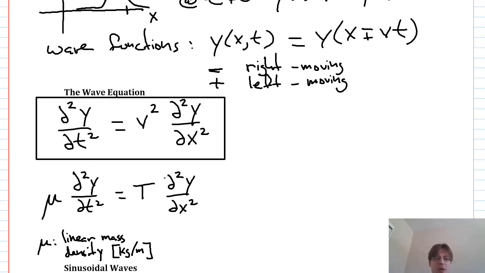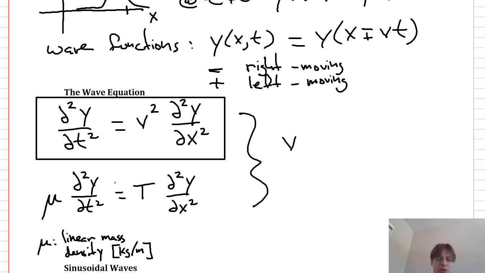What does it tell us? Well, if I compare it against the general wave equation, it tells me how fast the wave travels. If I compare these two, it tells me the value of v squared must be equal to T divided by mu.